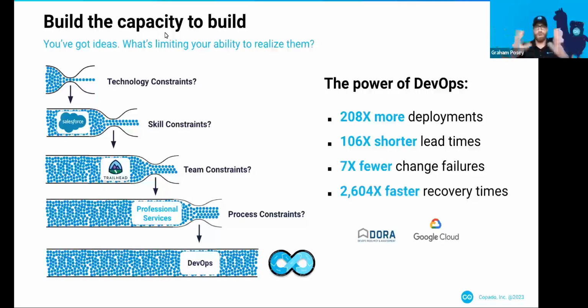Every team, no matter who they are, on their journey to be agile, efficient, cost-effective, secure, all those things that we were talking about earlier, can only get there by building the capacity to build. And it's that capacity that's created by technology, people, and process working together in harmony.